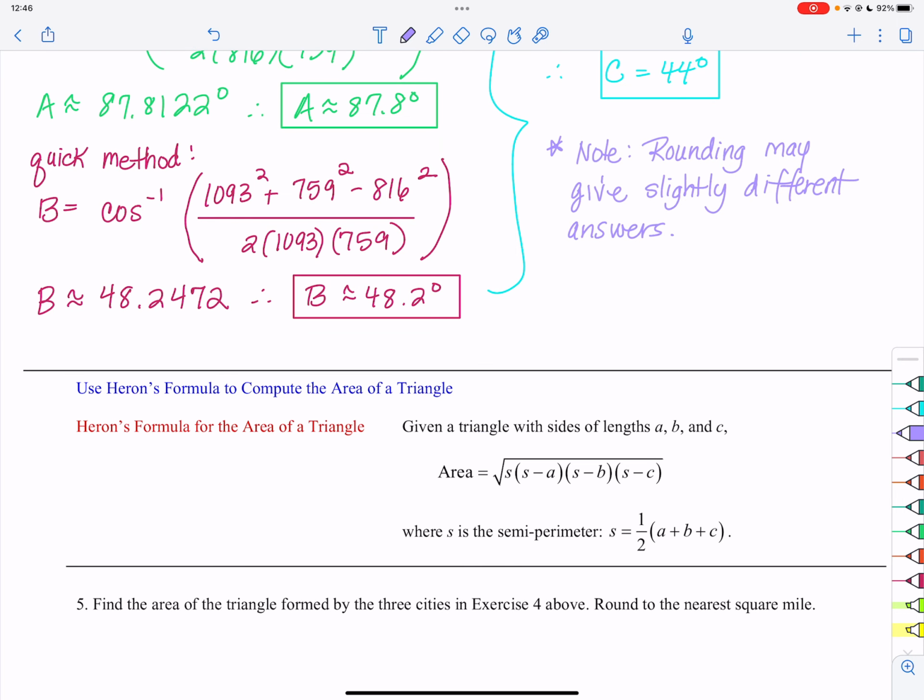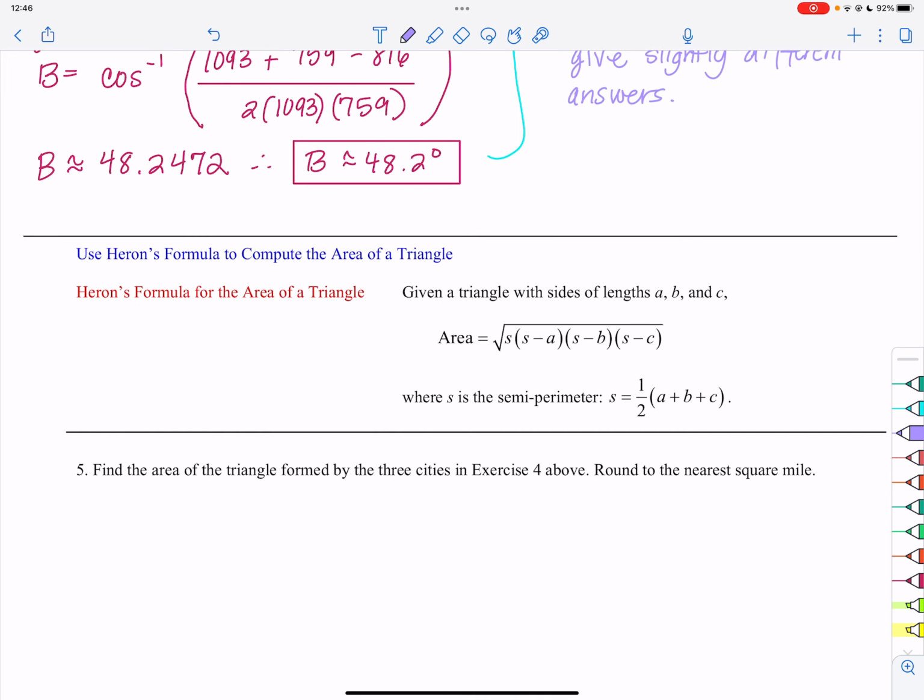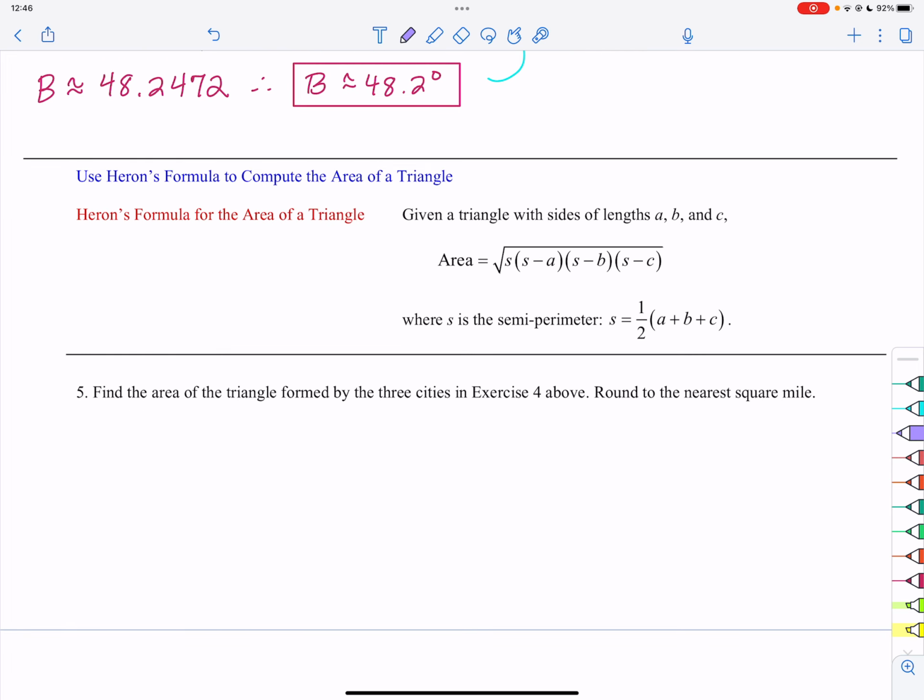Okay, now let's take a look at Heron's formula for the area of a triangle. So given a triangle, we have all three sides known. What we can do now is use this formula.